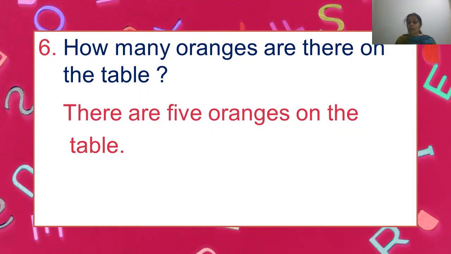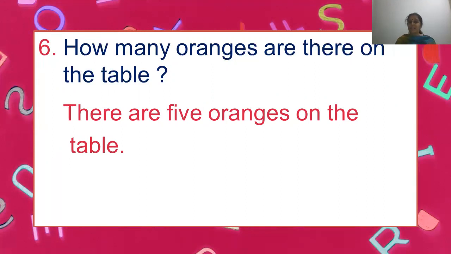In this sentence, we are describing the noun with respect to quantity, number. So we are talking about how many oranges are there on the table. That is the reason we have used the word many. Clear? There are 5 oranges on the table. So the question should be, how many oranges are there on the table?